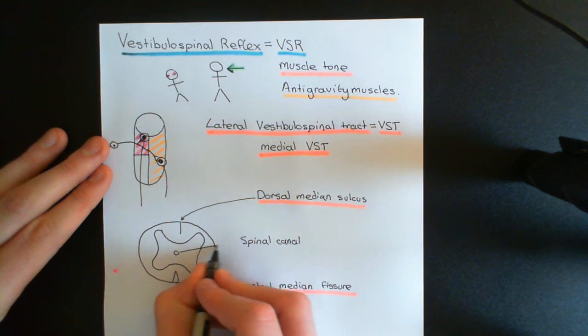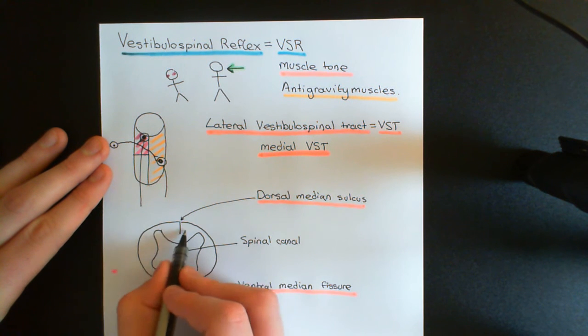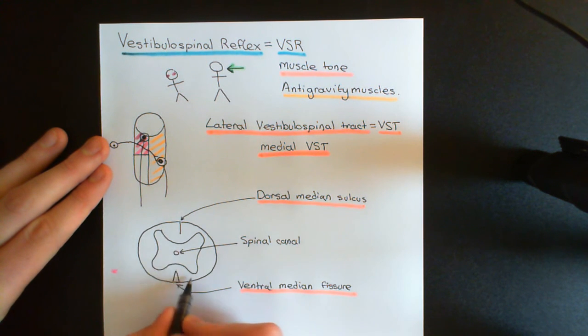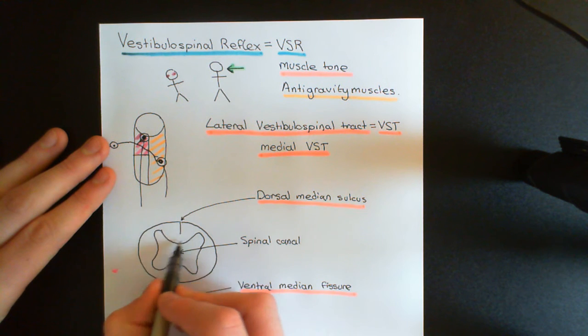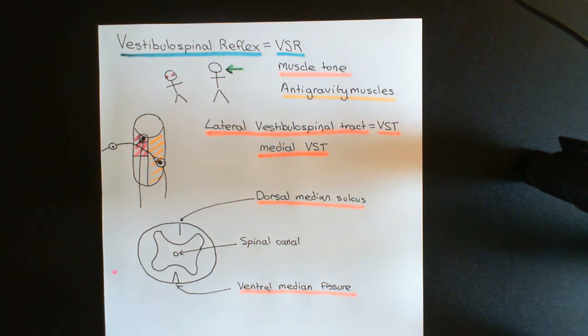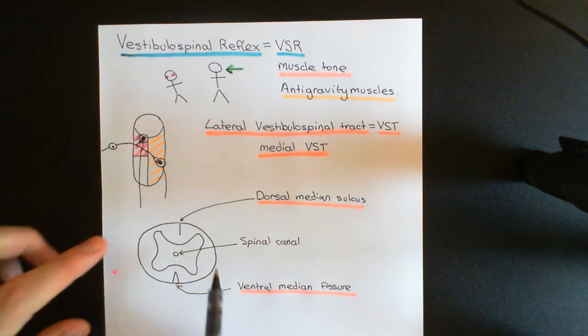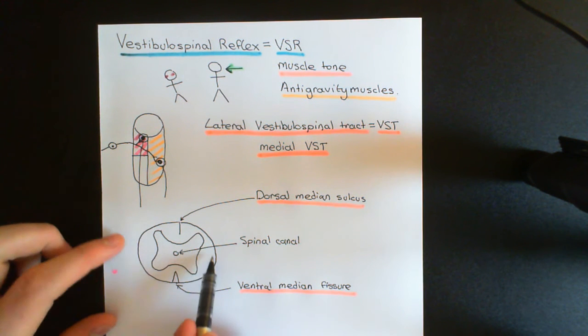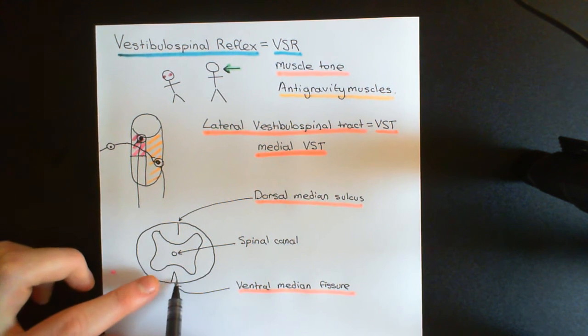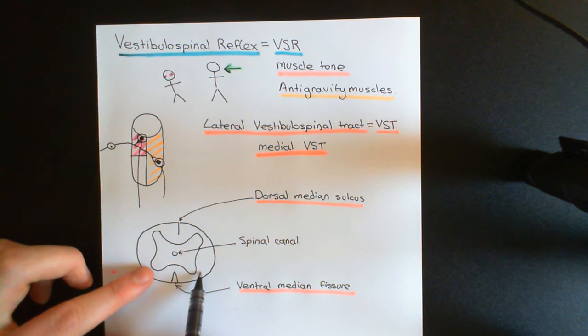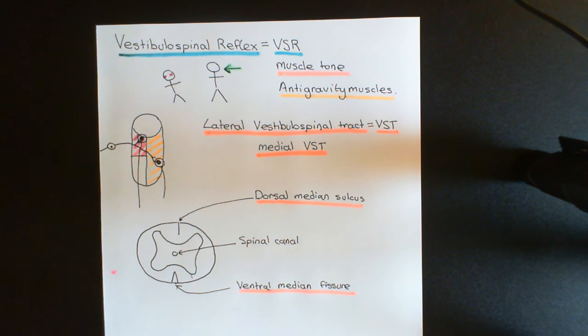Okay, and then surrounding the grey matter you have white matter. So all of this is white matter, this is white matter, this is white matter, and these are the dorsal columns where the ascending tracts of the dorsal column medial lemniscal pathway will be. These are the lateral columns here. These are the anterior columns here, and this sort of space here is often called the anterolateral white matter columns.